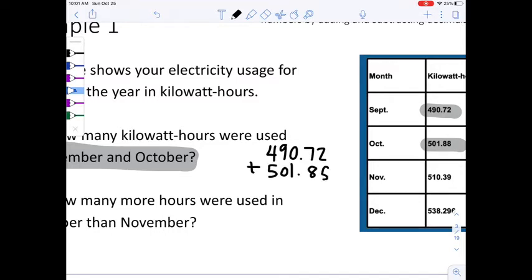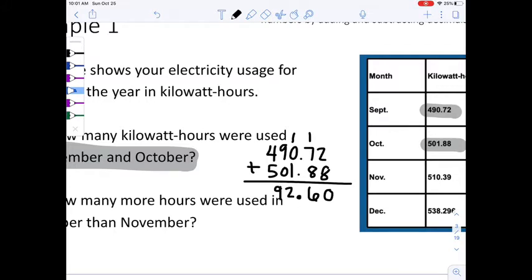So 490.72 plus 501.88. So again, remembering to line up the decimals. Then we can just bring that decimal down and treat this like a normal addition problem. So 2 plus 8 is 10. Bring down the 0, carry the 1. 8 plus 7 is 15.